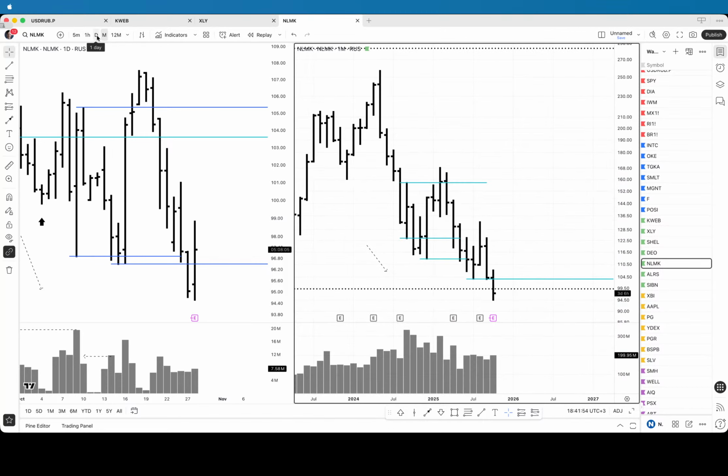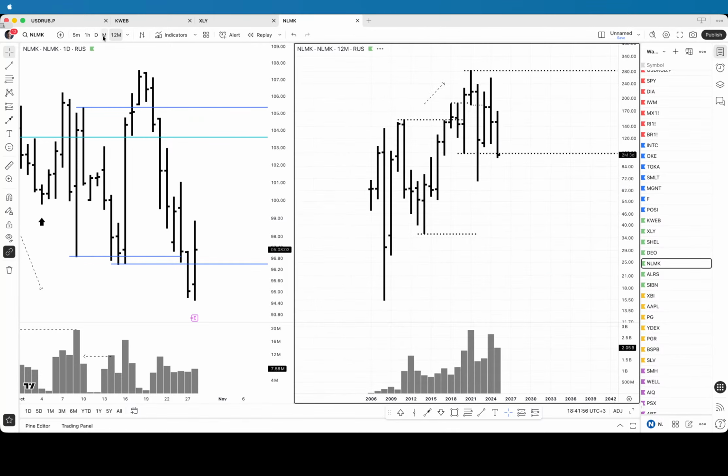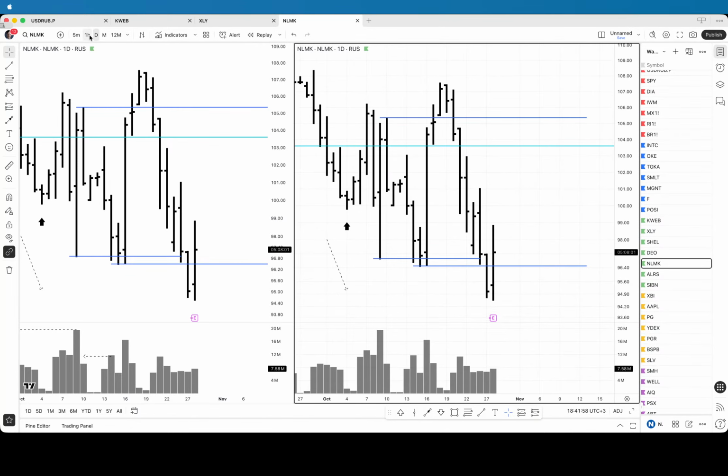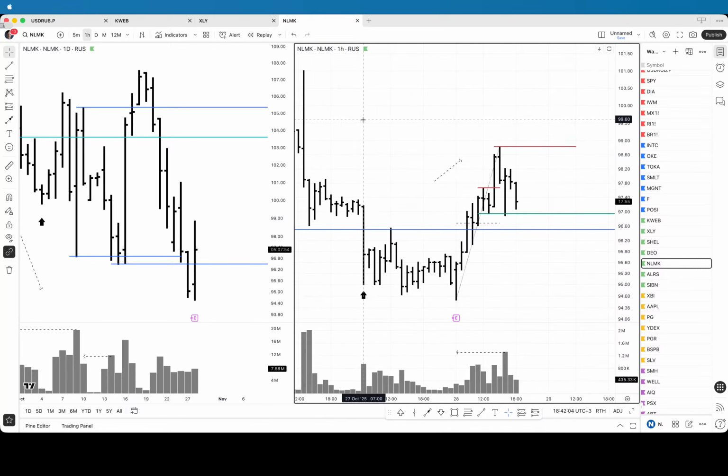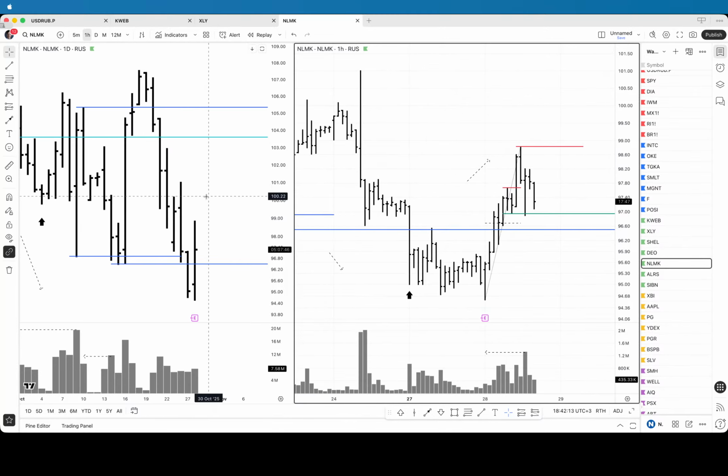We don't need a close manipulation signal on monthly, daily. No, more like this volume zone. It bounced out of it. But yeah, we need a close manipulation signal on daily anyway.